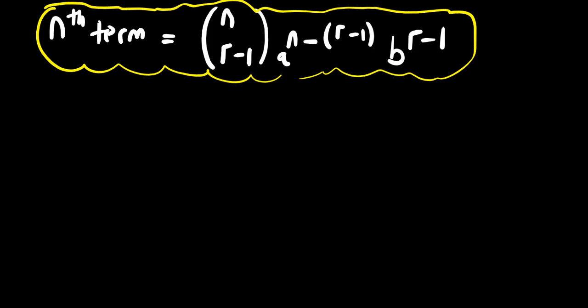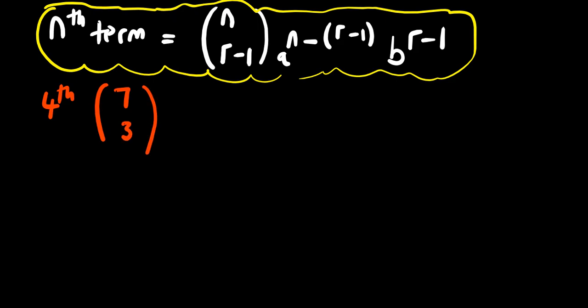So now let's say you're asked to find the fourth term of a binomial expression, with 7 choose 3.